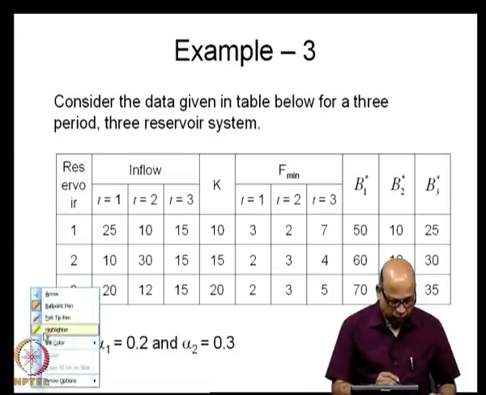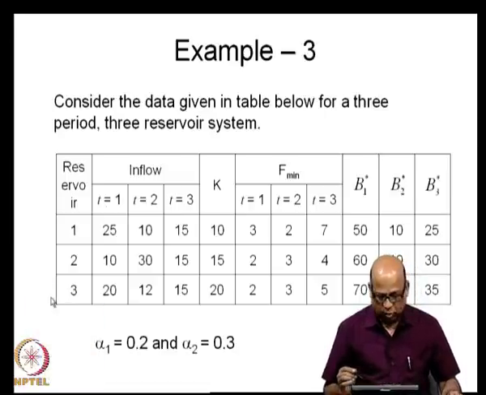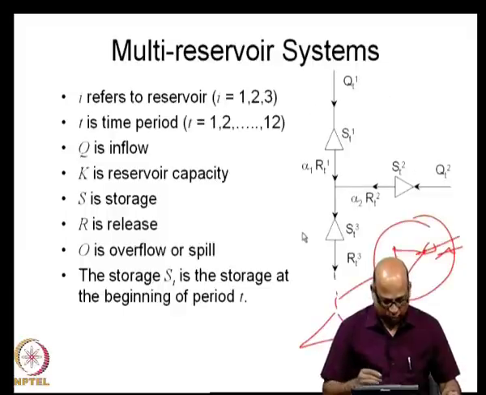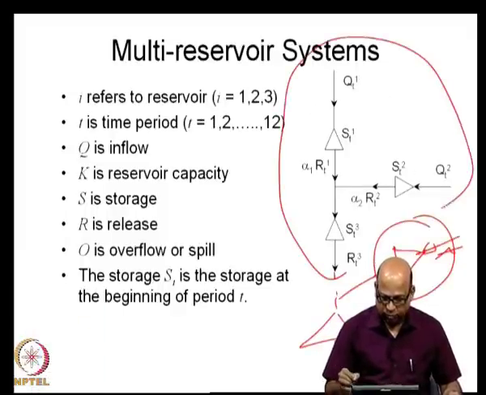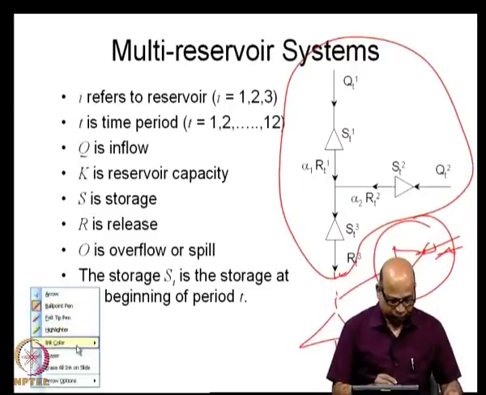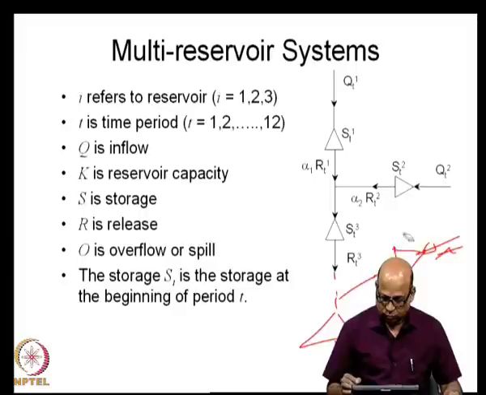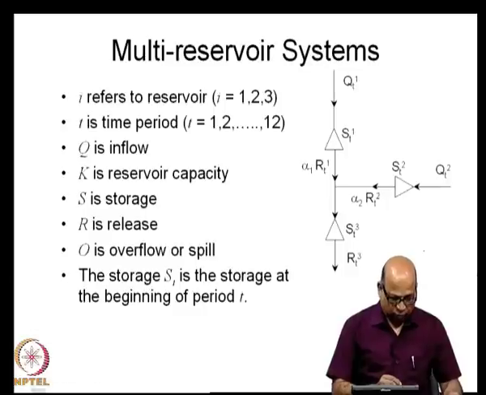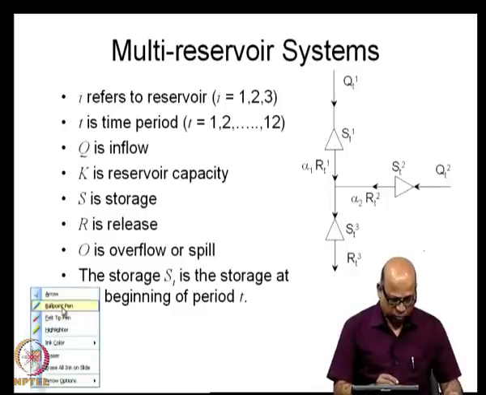Now, this is the same configuration of the 3 reservoirs. So, essentially I am looking at these 3 reservoirs now. We will just take out these. So, this is a system that I am now considering, and for this system we will use some data.